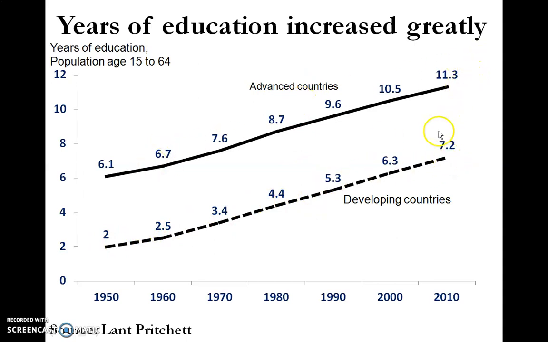Okay, but when we move deeper into the education literature, we will start talking about the trade-offs between quantity and quality. Okay, so initially in development policy, people were pushing for quantity, increase the years of education. We will see it translate into a greater economic growth, greater economic development.